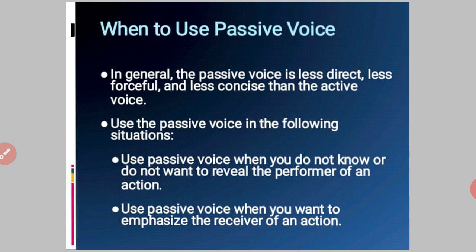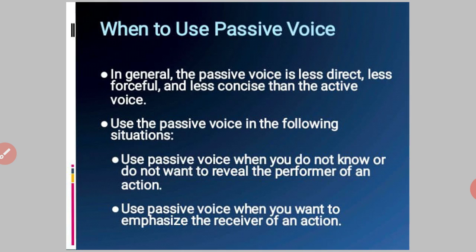In general, the passive voice is less direct, less forceful, and less concise than the active voice. Use the passive voice in the following situations. Use passive voice when you do not know or do not want to reveal the performer of an action.